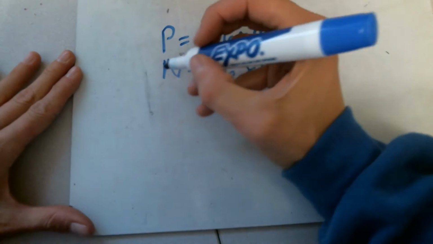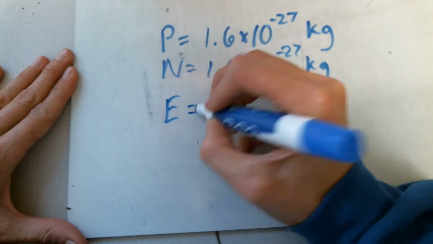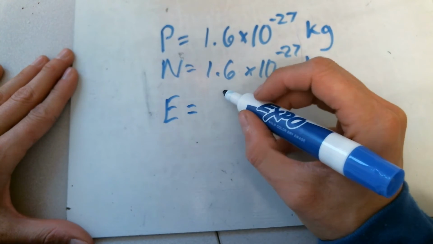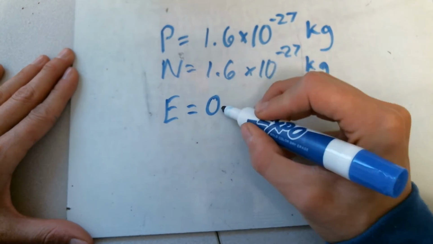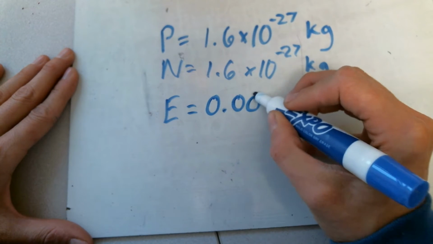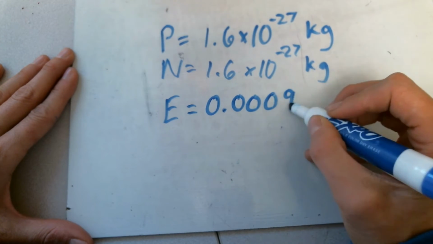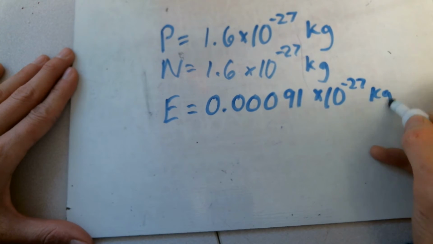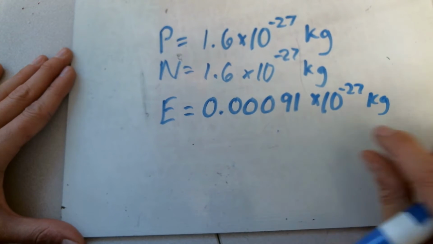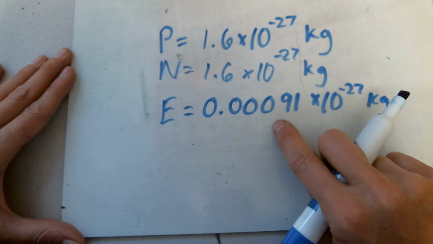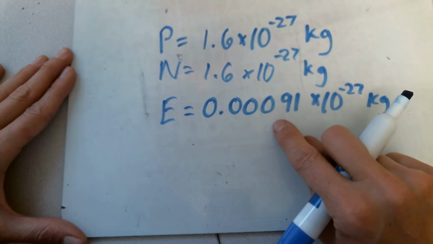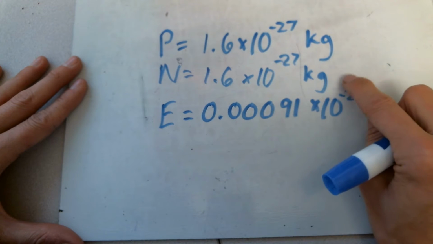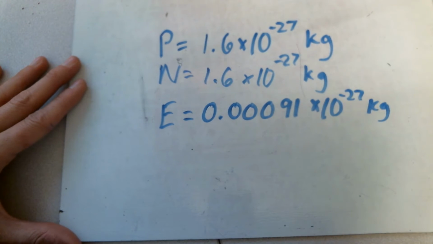The mass of an electron, though, is quite small compared to the others. And this is not proper scientific notation, but just to give you an idea, where these are 1.6 times 10 to the negative 27th, this one has some more zeros added, right? So this is a very small mass compared to that of protons or neutrons.